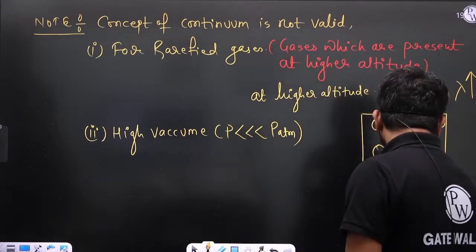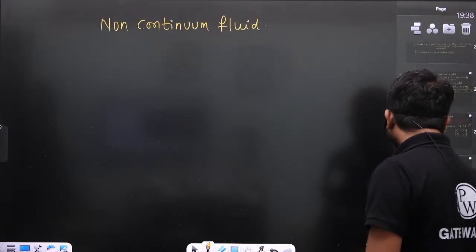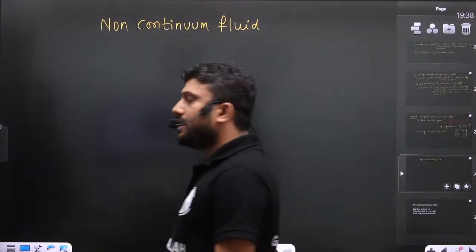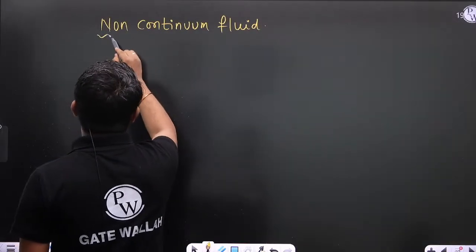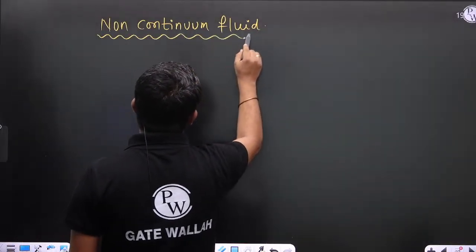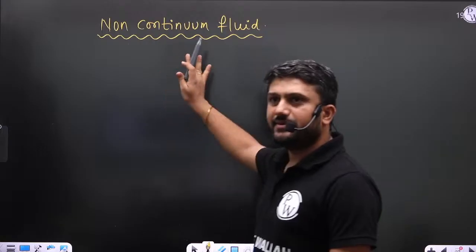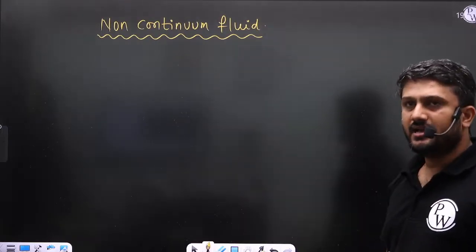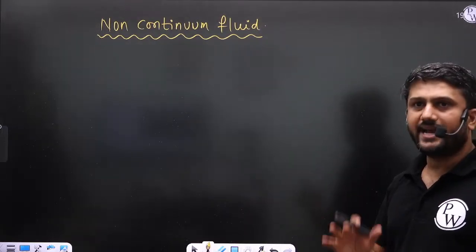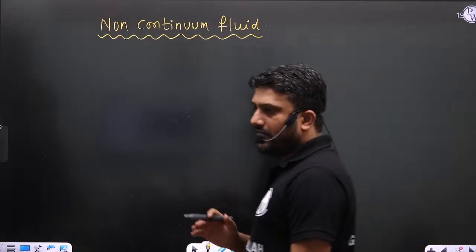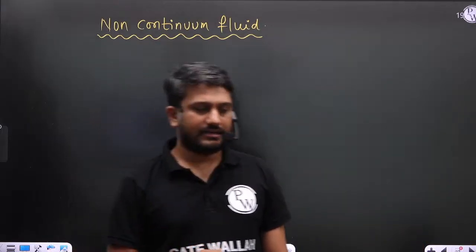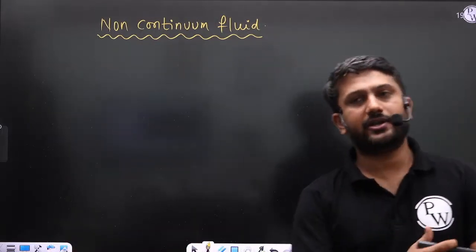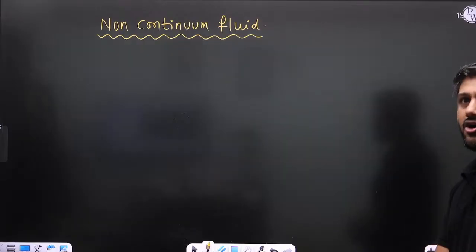Okay. Now come to the non-continuum fluid. This is not a part of the syllabus now. In fluid mechanics, whatever we learn at the BTech level or for the competitive exam level, we assume the concept of continuum is valid.